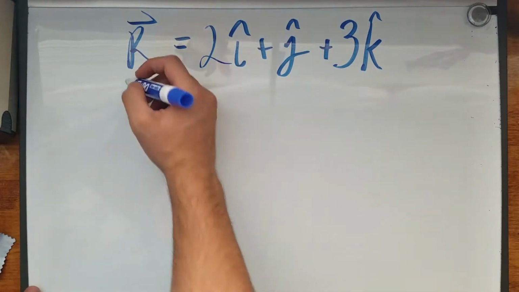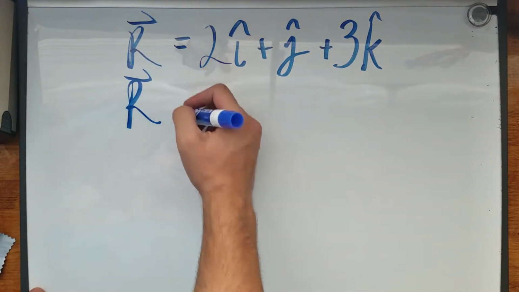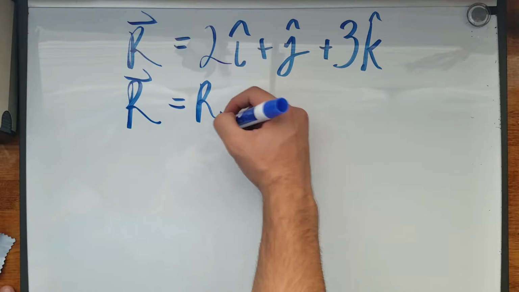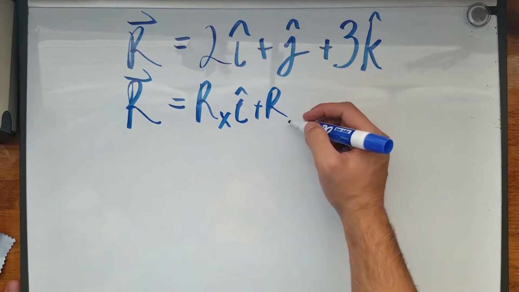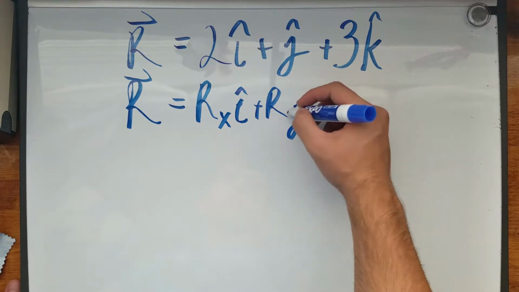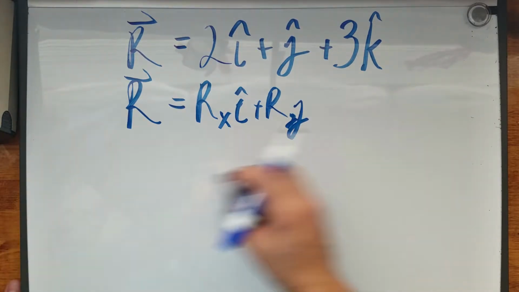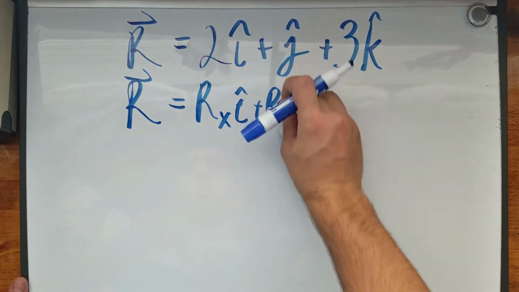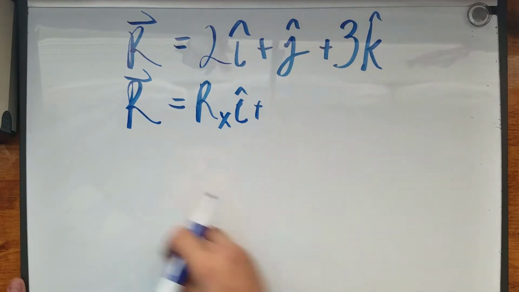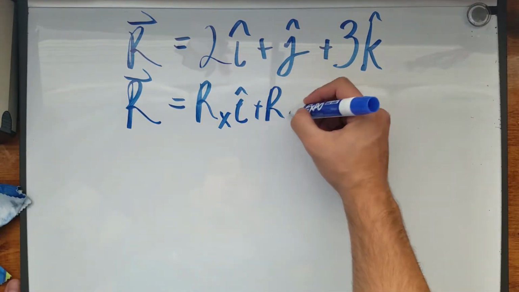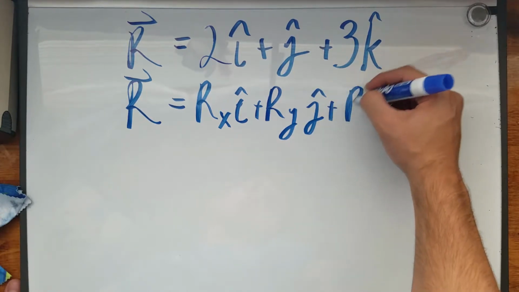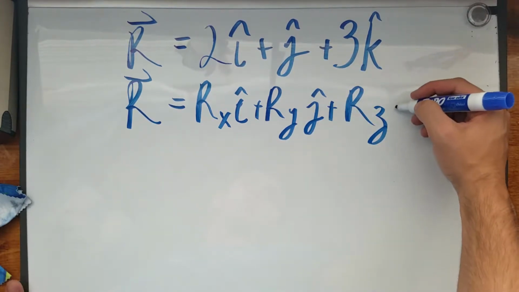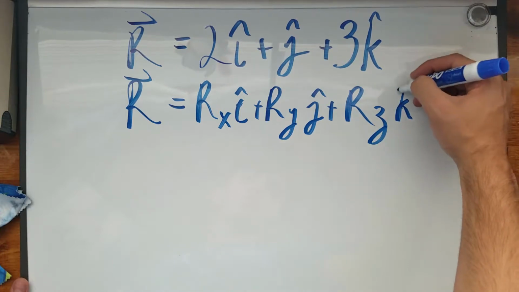And from this we can also write it another way, saying that r is equal to the rx magnitude times i hat, which is a unit vector in the x direction, plus the ry magnitude times j hat, plus the rz magnitude times the k hat.